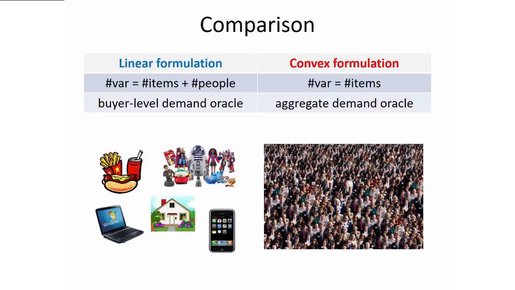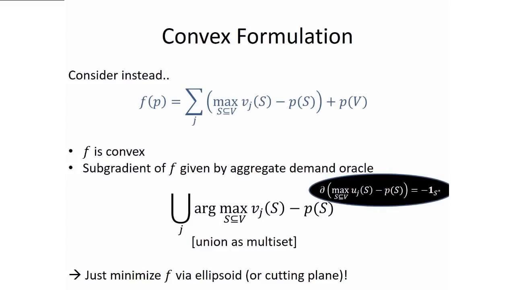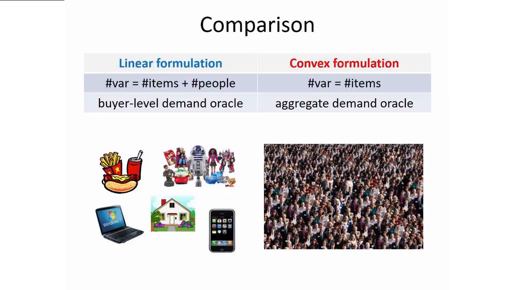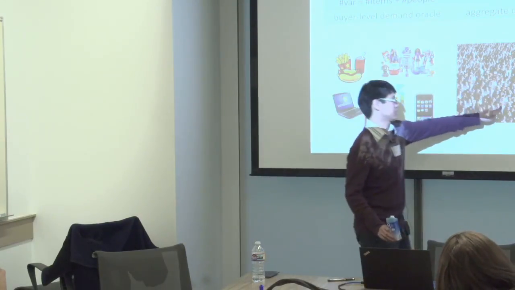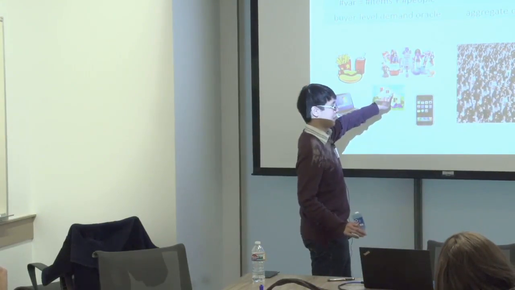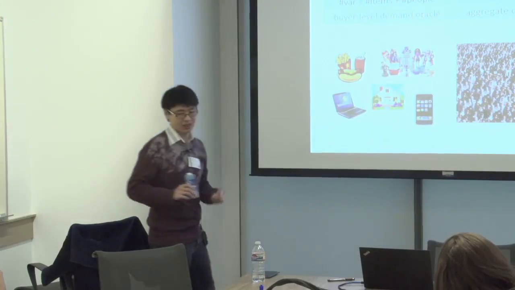So for this convex formulation, we just have the prices P. So the dimension is just equal to the number of items. Whereas before, we also have a variable for each of the people in the economy. And this is bad because this is typically a lot larger than the number of items that we can buy.